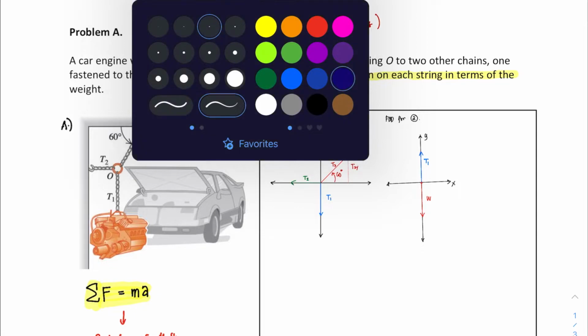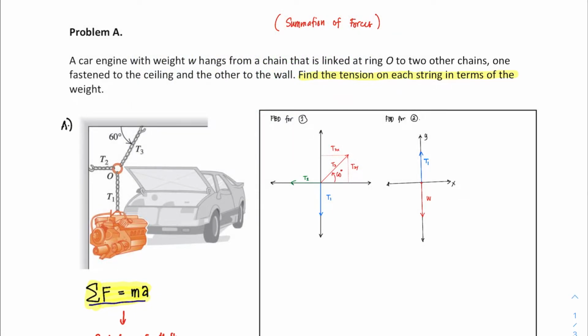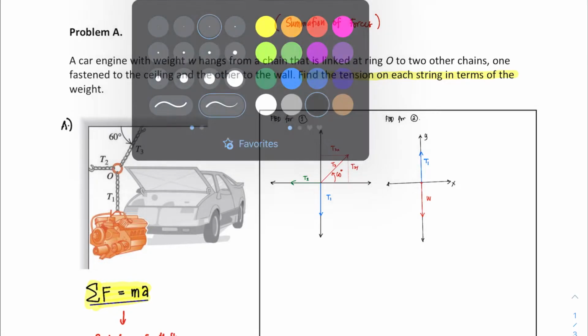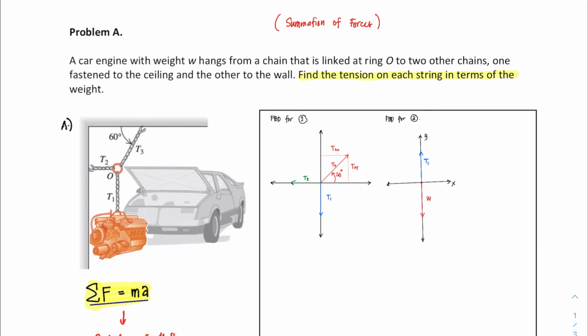Now, why I introduced this one is because in this step of the problem solving involving Newton's laws, this will be our guiding and foundational equation that we will be utilizing, as you will be seeing here.